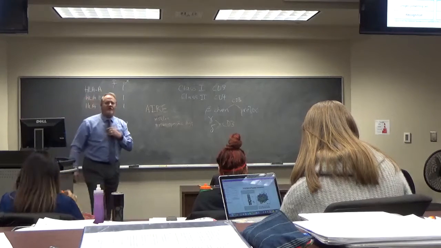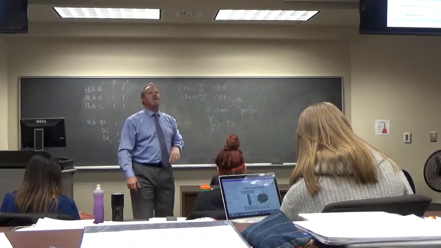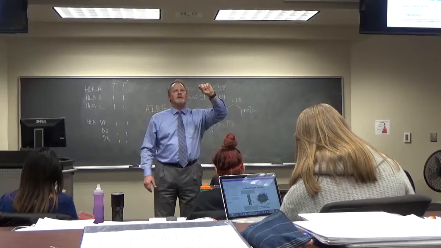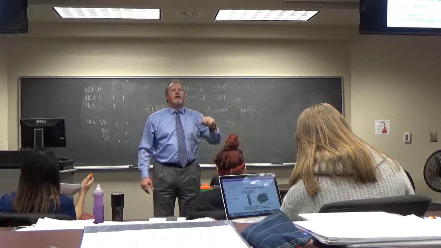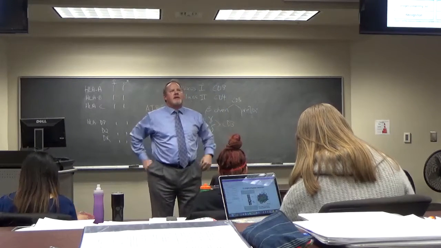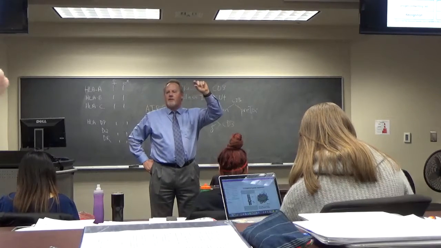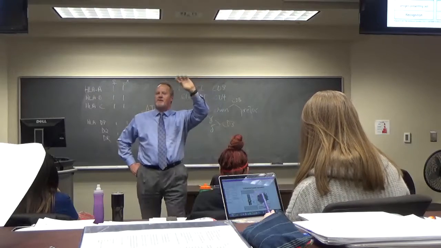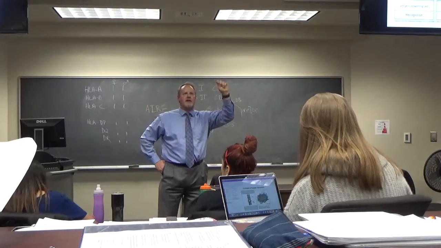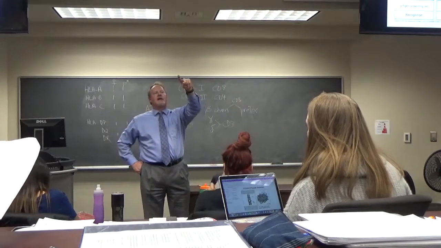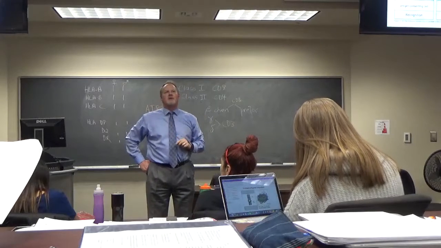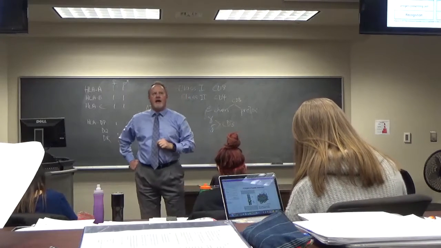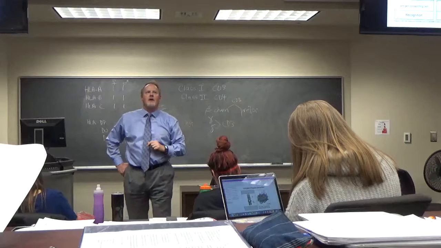Now, as far as MHC restriction, the first one here shows you, and this is just an example, but it gives you numbers so that you can follow it. The peptide is from the X antigen, the dreaded X antigen. And it is in context of a class 1 molecule, HLA-A201.